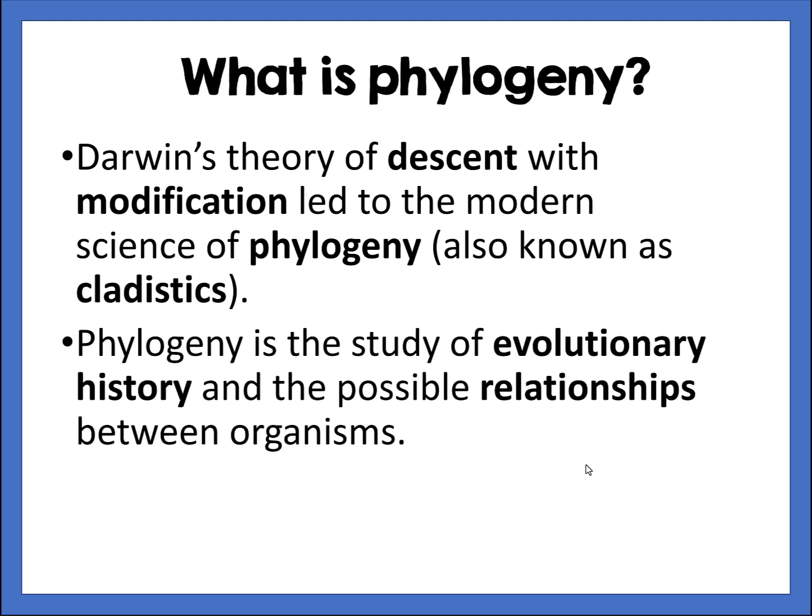Phylogeny is the study of evolutionary history and the possible relationships between organisms. So we're taking the classification that we already discussed and we're trying to figure out how those organisms are related to each other. So not just what similarities do they have, but how might that have occurred.